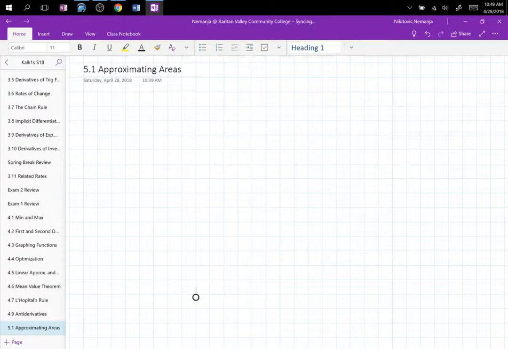So Calc 2, the first two chapters are going to be integration, mainly focusing on 4.9, 5.2, and 5.5, but 5.5 primarily. And then the second two chapters, 8 and 9, it's going to be limits, limits, limits, and some proofs.